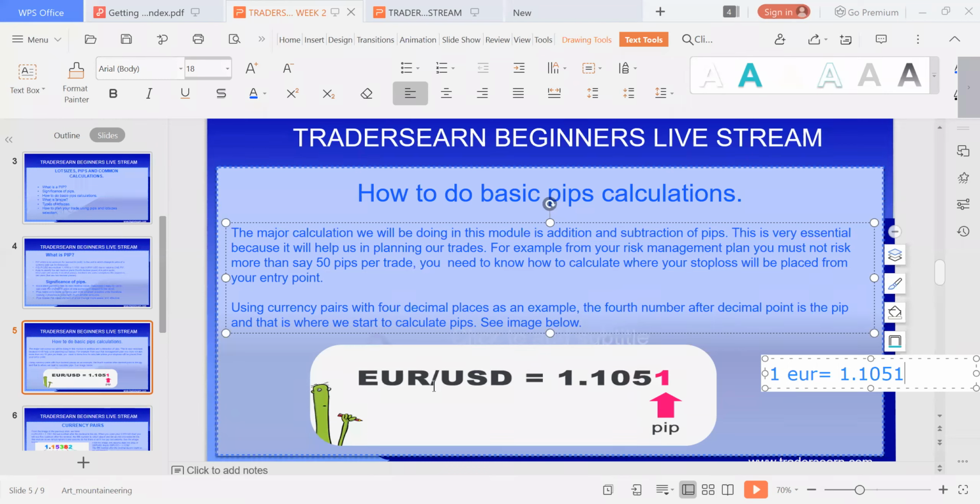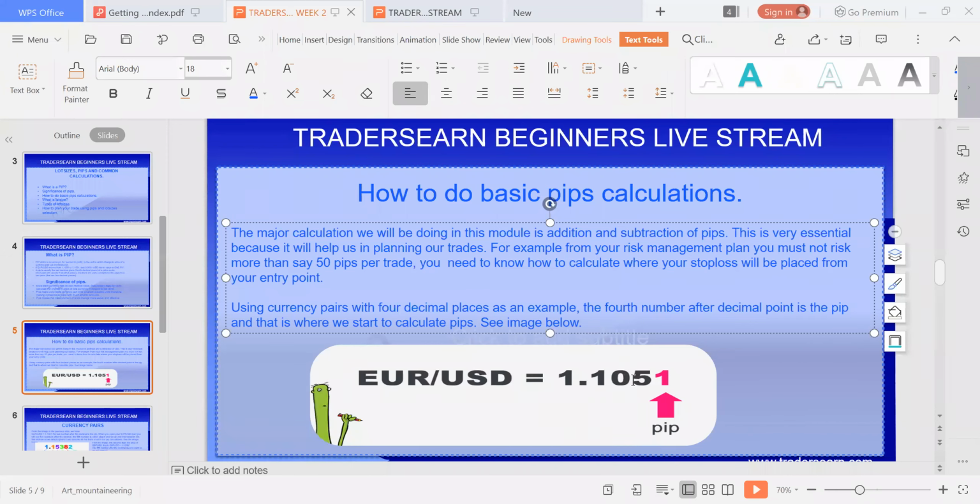It means that one unit of this currency is equal to this amount of the quote currency. And this amount you are seeing here can be split into pips. That is why it's easier for everybody to trade, no matter how much your capital is.